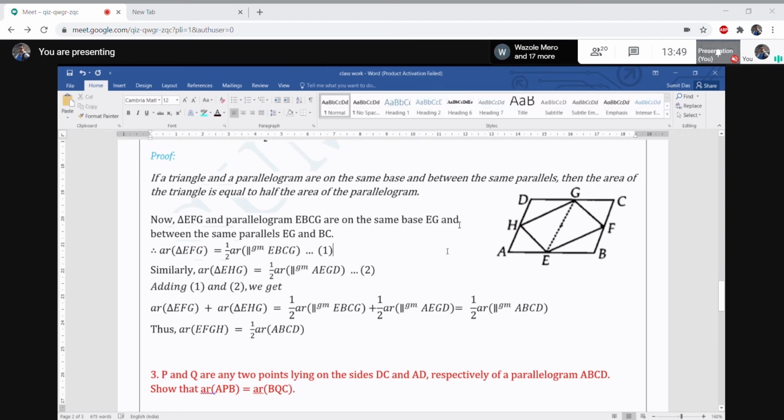Now ABCD, triangle EFG. I hope you can see EFG. It is a triangle, and EBCG is a parallelogram. Why? Because in this one EG is parallel to CB, and GC is parallel to EB, right?